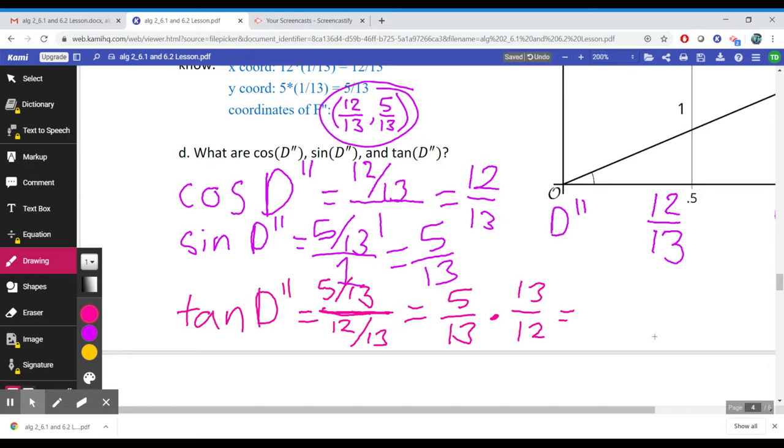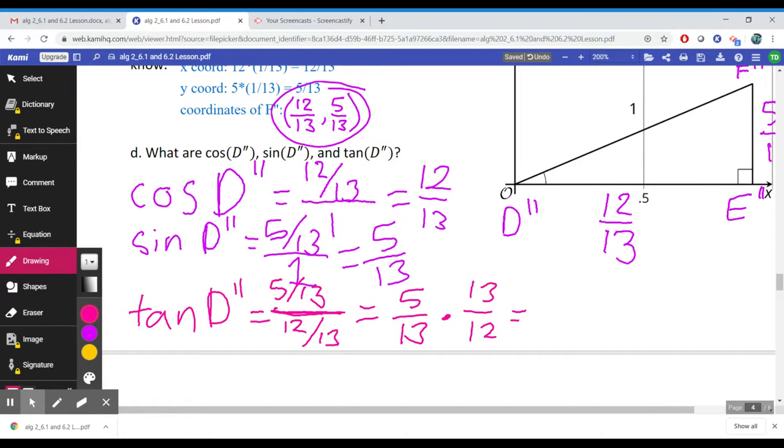When we multiply fractions, we go straight across. So 5 times 13 gives me 65, I believe. 13 times 12, well, let's see. 12 times 12 is 144. We need one more 12 to make it 13. So 144 plus 12 would be 156, I believe.